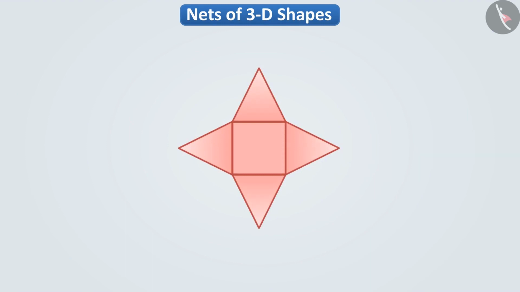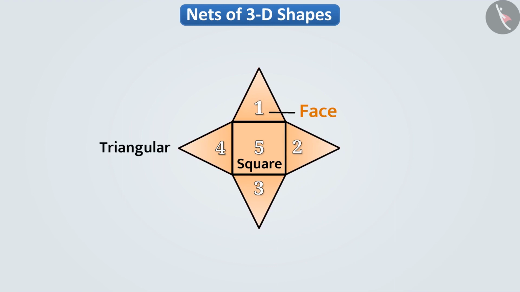Look at this net as an example. Can we make a pyramid from this net? Think about it. Let us tell you, there are a total of 5 faces in this net, in which there is one square and the remaining 4 faces are triangular.